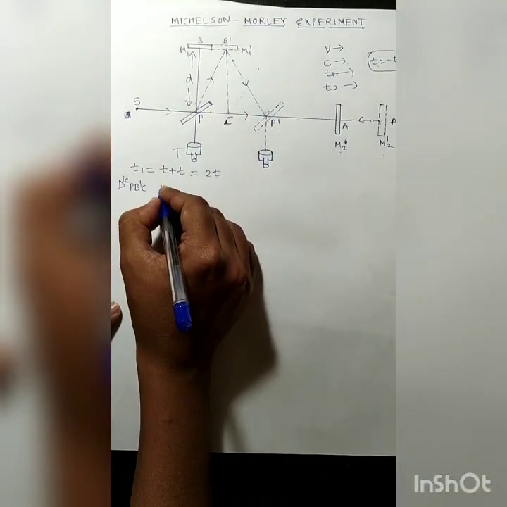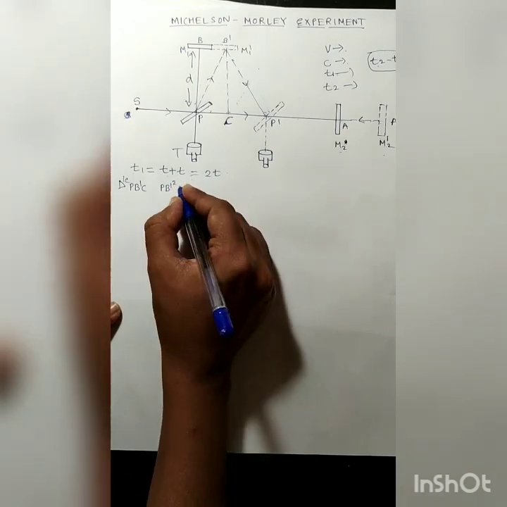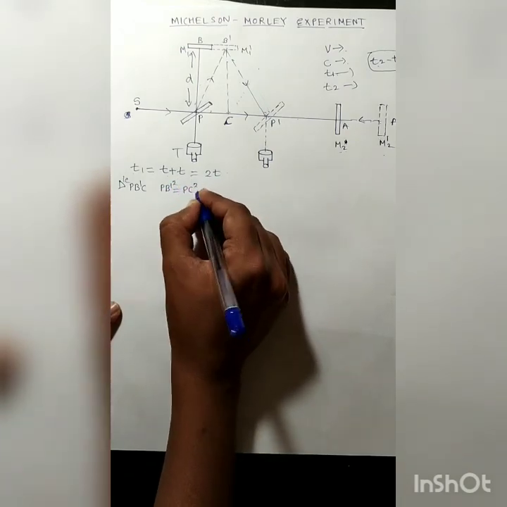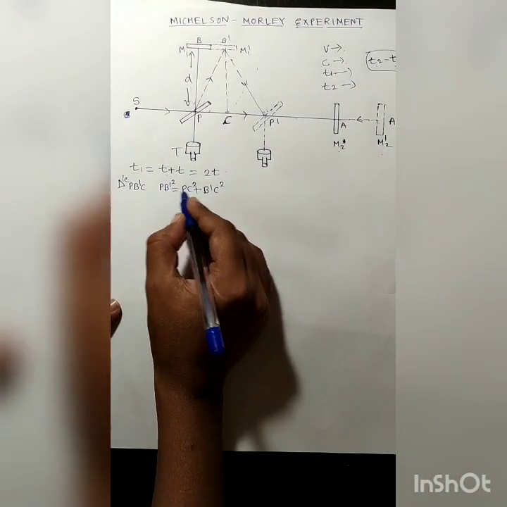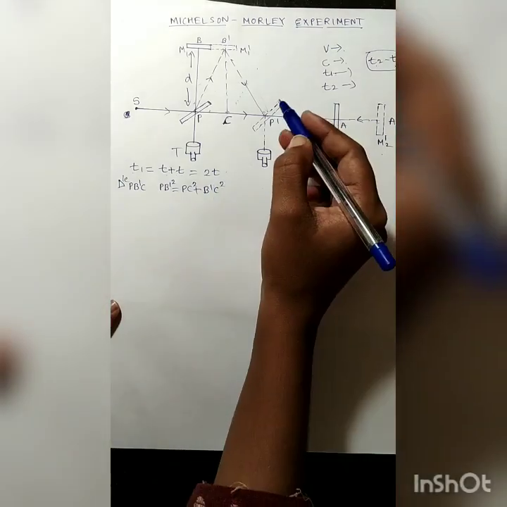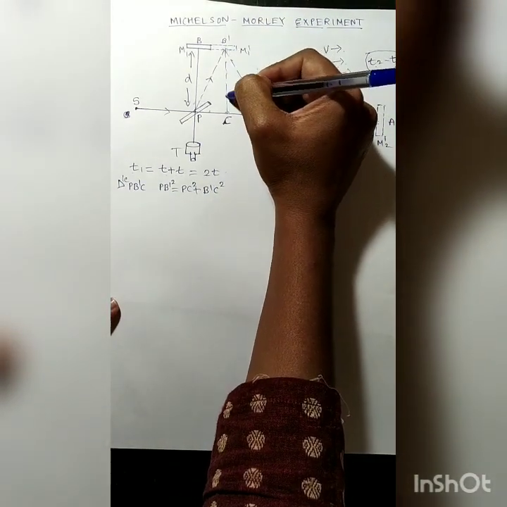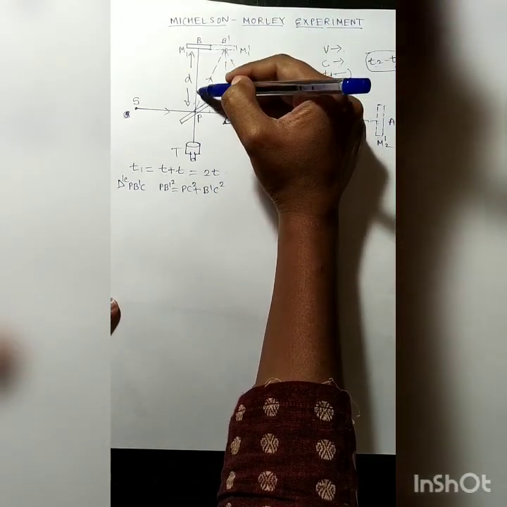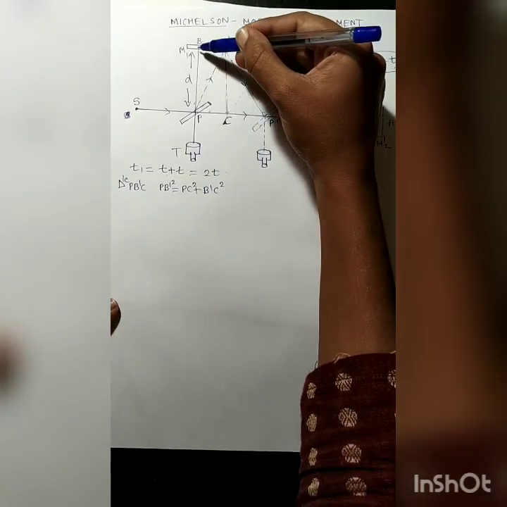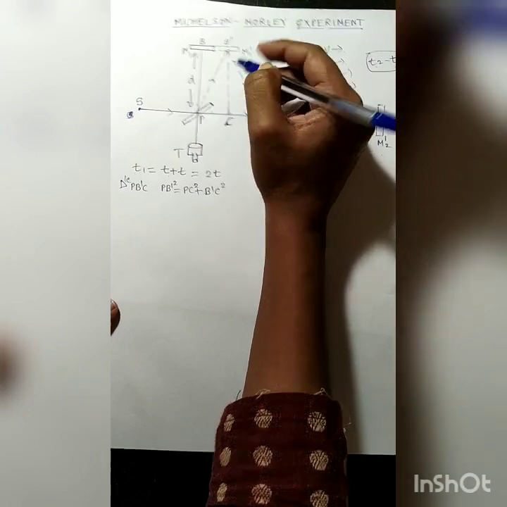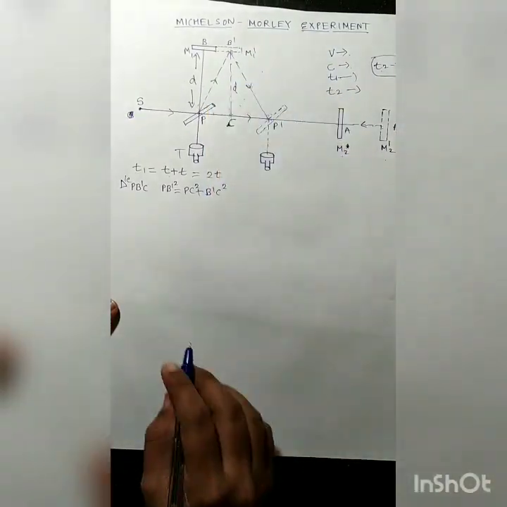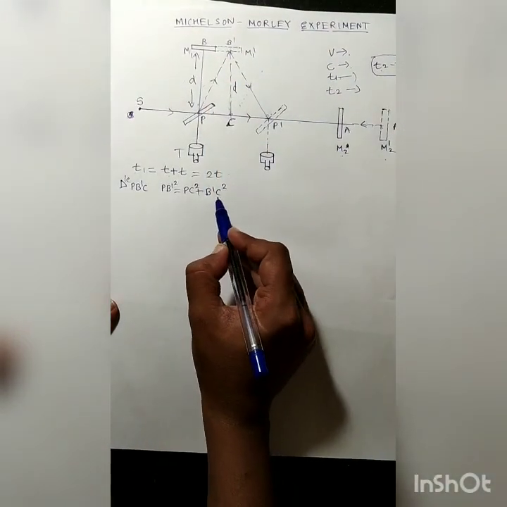So I will write that: PB dash squared is equal to PC squared plus B dash C squared, isn't it? Now I will substitute all these values. As we know, B dash C distance is equal to BP distance, so both distances are the same. As it is at a distance D, this is also the same distance, D. So we got the B dash C value here.